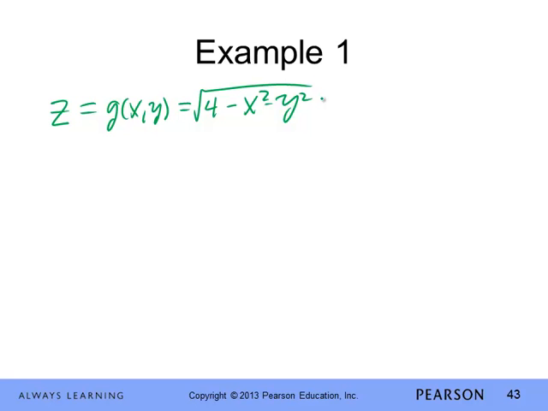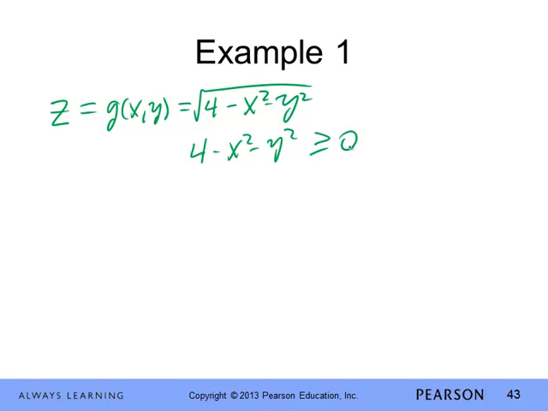Of course, we are never going to take the square root of negative numbers and still expect to have real numbers to talk about. So to talk about the set of allowable inputs, we will say that the radicand, which is 4 minus x squared minus y squared, must be greater than or equal to 0.